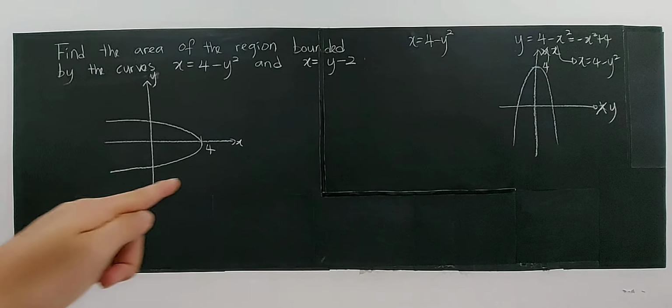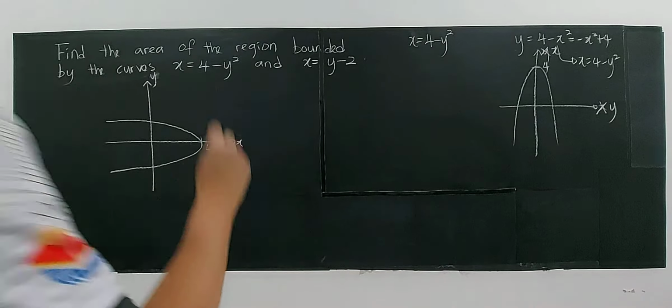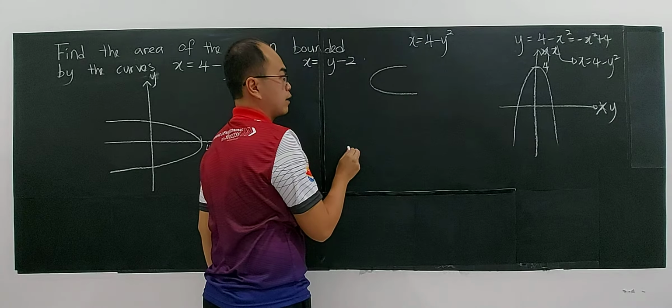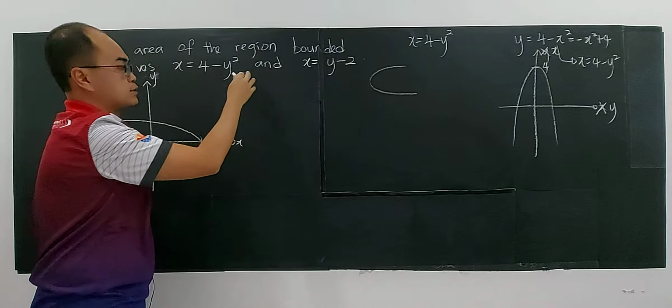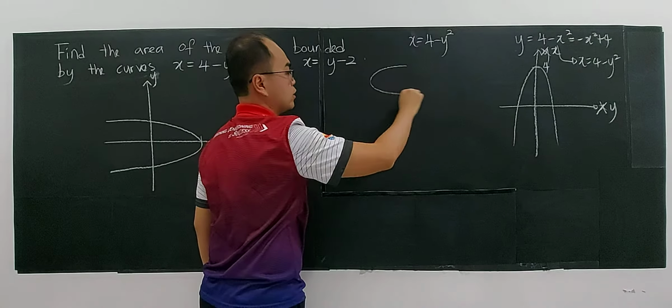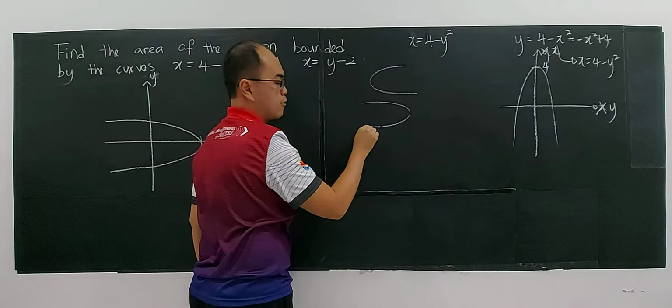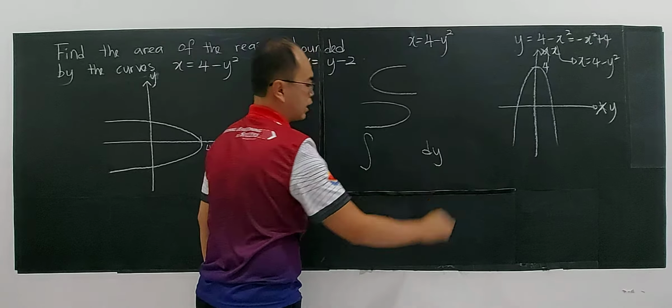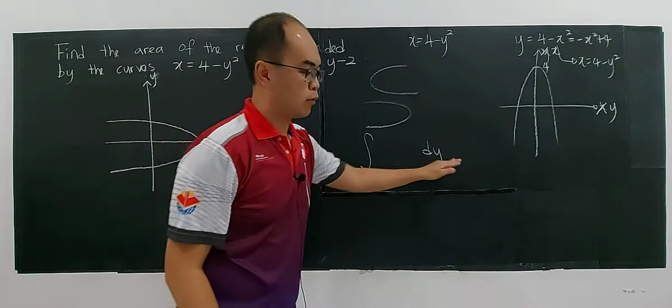This is a curve facing the y-axis. When solving questions where the curve is open to the right or open to the left, usually you integrate the area with respect to y, dy.